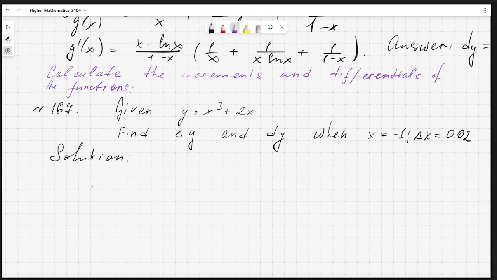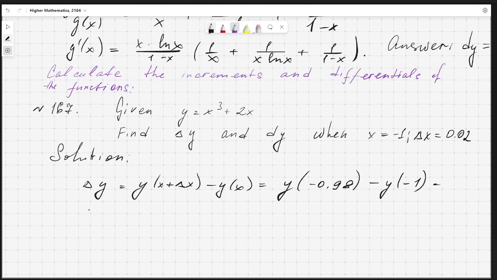And first maybe find the increment. Delta y equals y of x plus delta x minus y of x, equals y of minus 1 plus 0.02, which is minus 0.98, minus y of minus 1. That equals minus 0.98 cubed plus 2 times minus 0.98, minus minus 1 cubed plus 2 times minus 1.